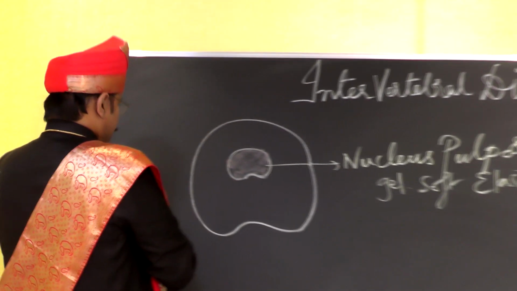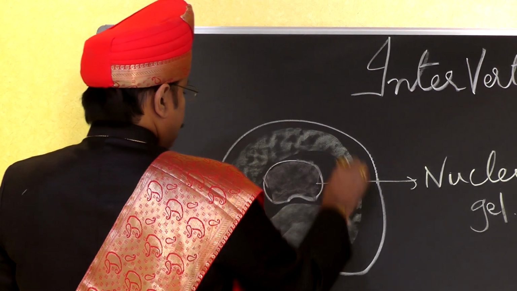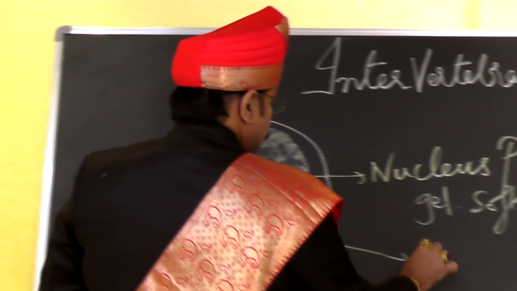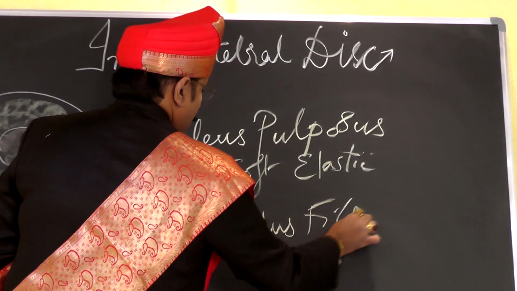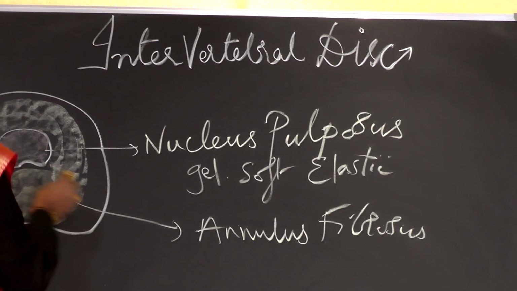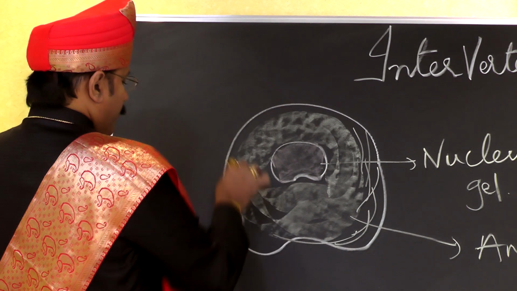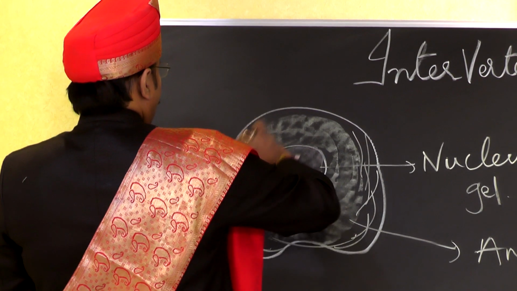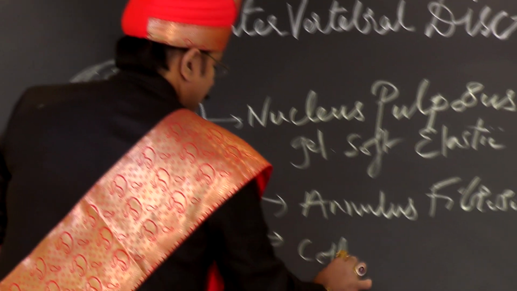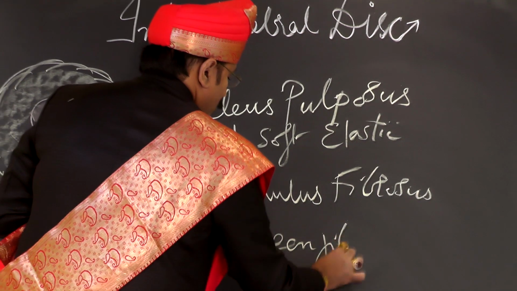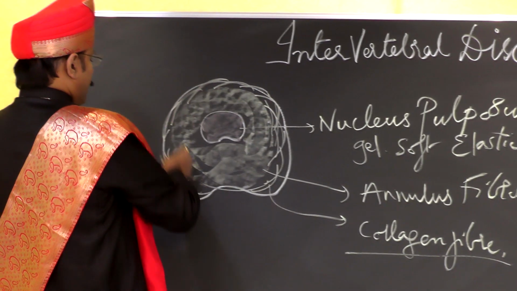Surrounding this nucleus pulposus, you have got the annulus fibrosus. In the peripheral portion, you have the collagen fibers, the outermost portion of the intervertebral disc.